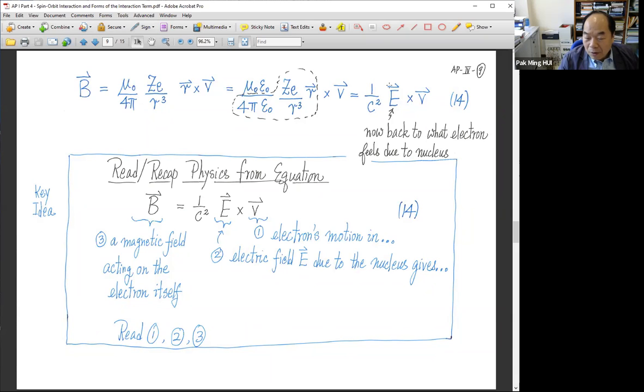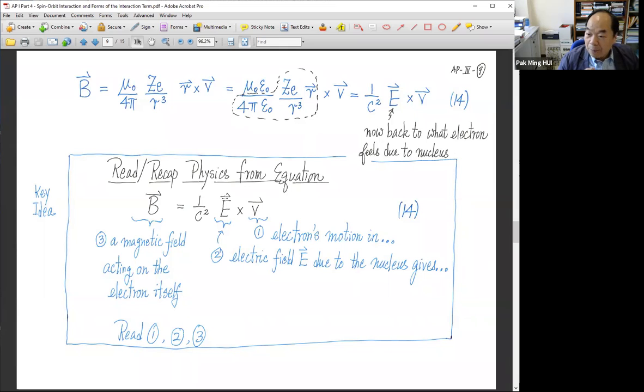So all in all, what we've already seen is that when the electron is moving under the influence of the nucleus, there is a B field that is felt by the electron, given by E cross B. If you don't like all this complicated E and M, and you just want to learn quantum mechanics and the effect, fine. I summarize it in the box here.